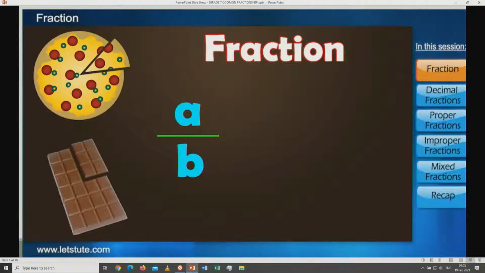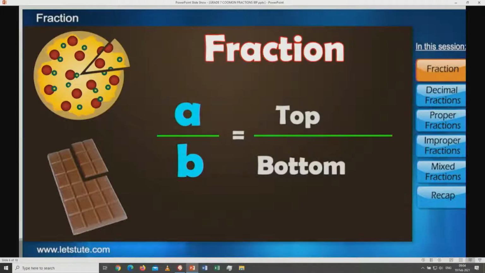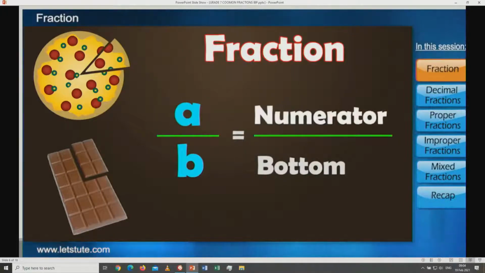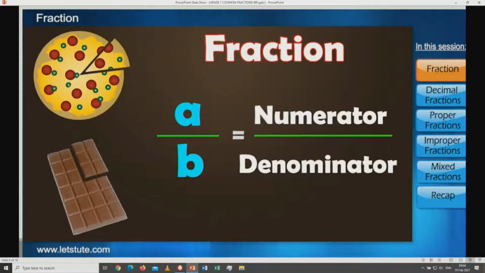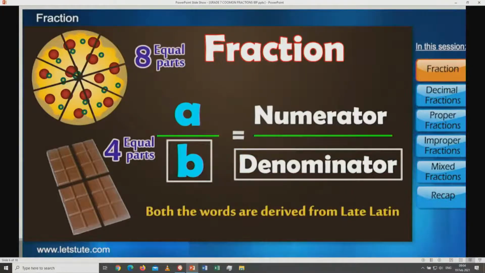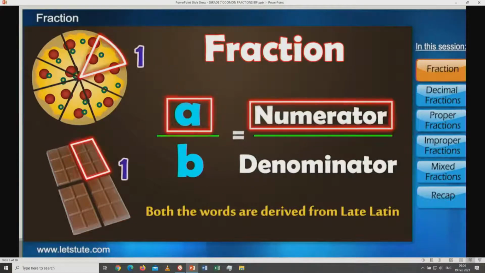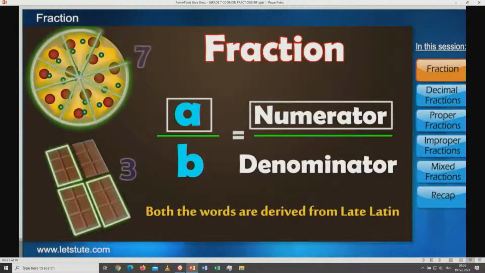Let's learn something more about fractions. As we can see, a fraction has 2 parts, one top part and one bottom part. The top part is known as numerator, the number of equal parts which have been taken out or which have been left out.